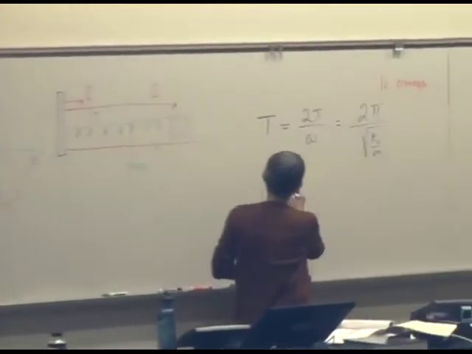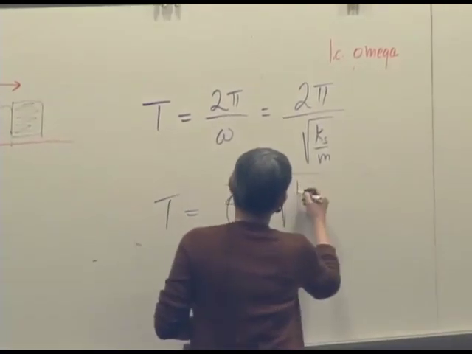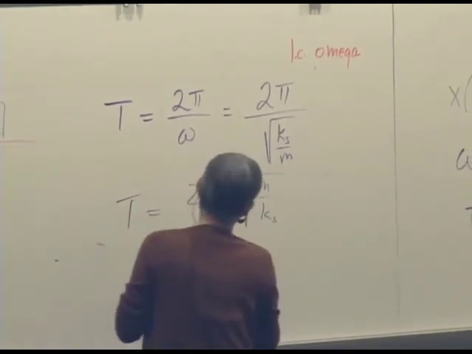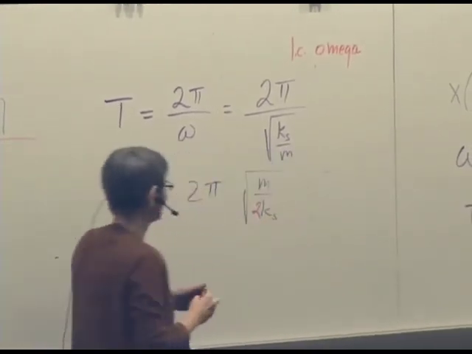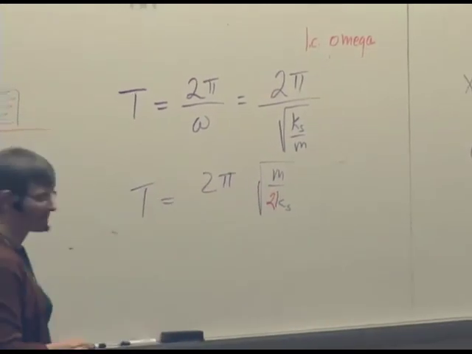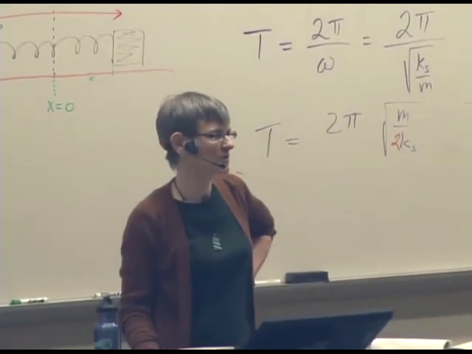Because we had period was 2 pi times the square root of m over k sub s. So if we have a 2 here, we're dividing by the square root of 2, aren't we? So the period times 1 over square root of 2. Okay, questions about this?